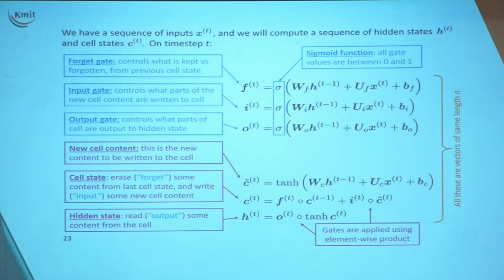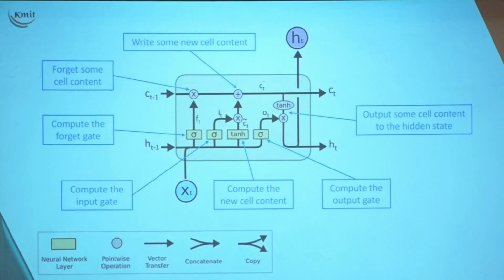So we have seen this architecture. What does the forget gate do, what the input gate does, what the output gate does, what would be the new cell content, what is the new cell state, what is the hidden state. All this we saw when we talked about LSTMs in previous sessions.